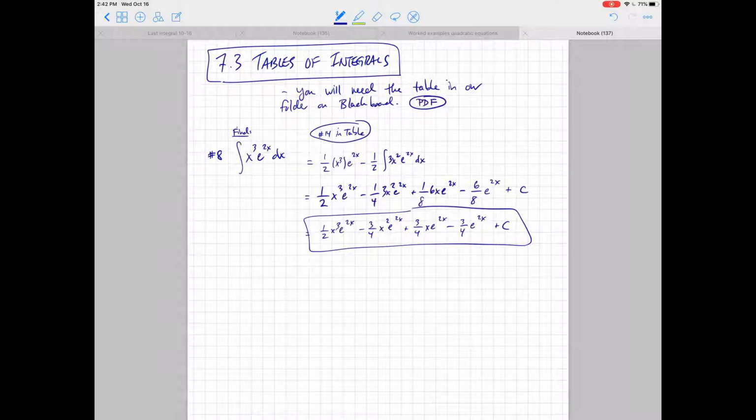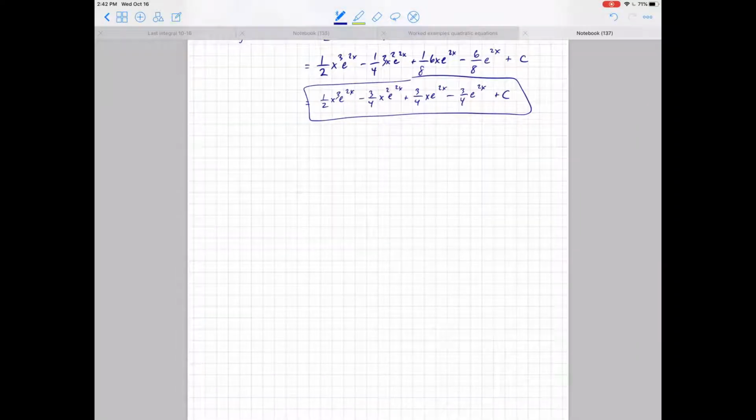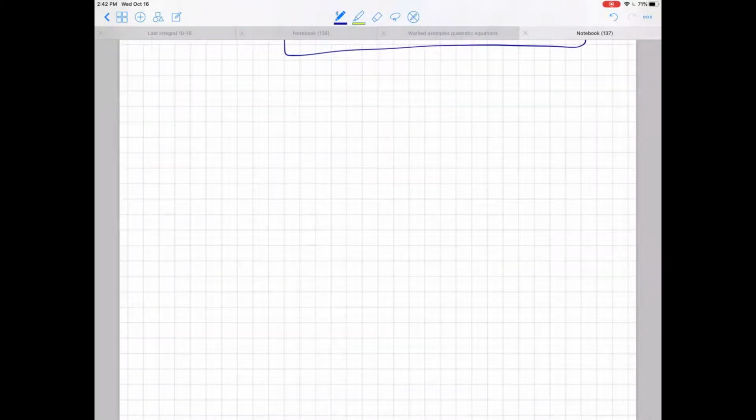Okay, so it's number 14 in the table. Let's do one more here. This is a big book. There we go.